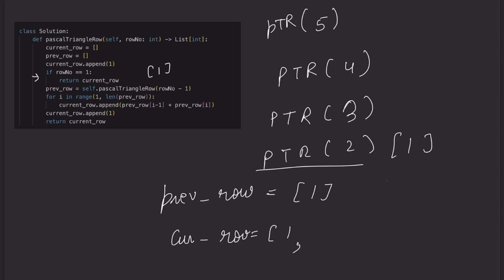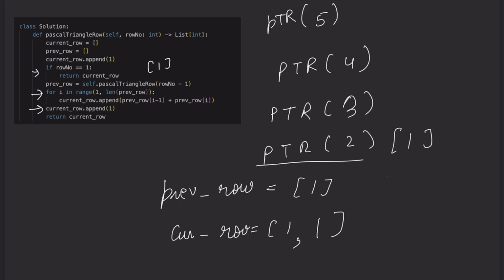The length of the previous row is 1. So the for loop doesn't run, and we come to this line. We append 1 and we return the current row. So PTR of 2 returns 1, 1, and this call finishes.